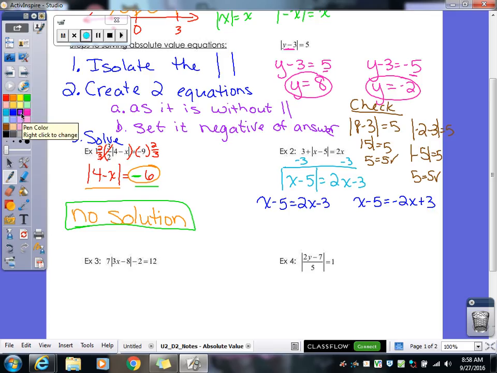So then I'm going to add my 3 over and subtract my x over, so I get negative 2 equals x is one of my answers. On the other equation, I'm going to add my 2x over, add my 5 over, so I get 3x equals 8. Divide by 3, so I get x equals 2.6, repeating.